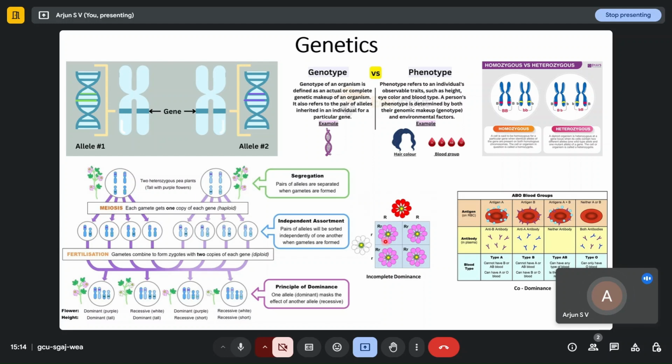In incomplete dominance, we saw the example of the snapdragon flower, where the dominant red flower and the recessive white flower give rise to a pink flower, which is incompletely dominant. And for multiple alleles and codominance, we saw the example of the ABO blood groups, wherein the antigens A and B, when crossed together, give rise to the antigen type AB.